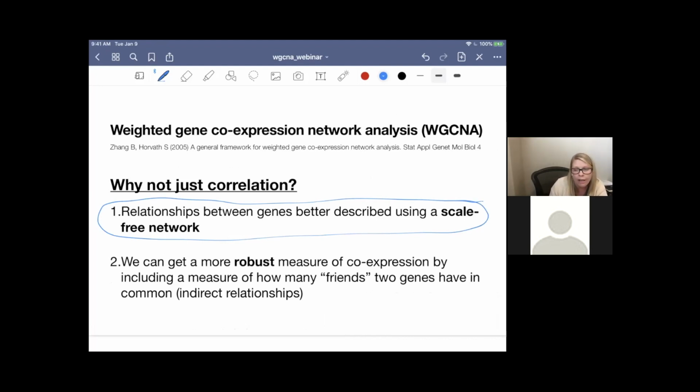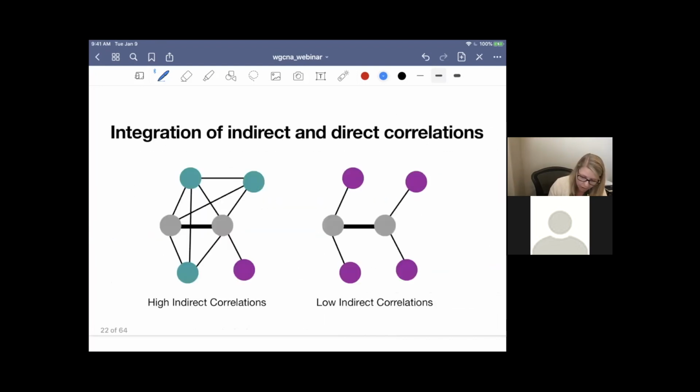And now we're going to move on to what I mean by that robust measure of the network. So the idea here is that we want to see if the genes have similar friends. So if our idea is to look at the relationship between these two gray nodes, or these two genes in our case, on the right-hand side, for the low correlation, you can see that each one of my nodes is associated to 4 different genes, but none of the genes that node A is associated with, node B is also associated with.